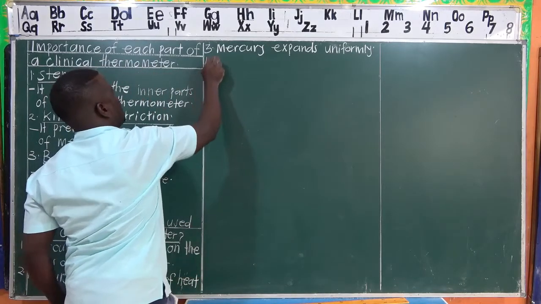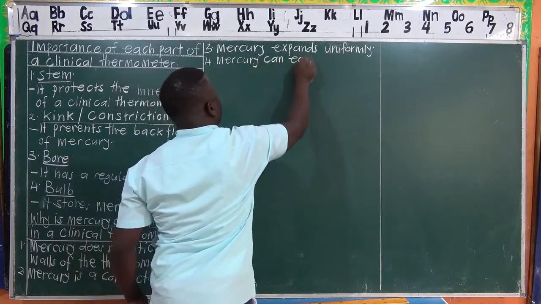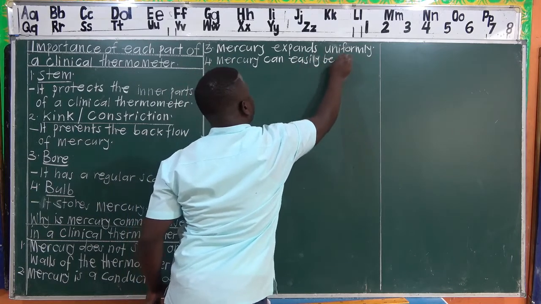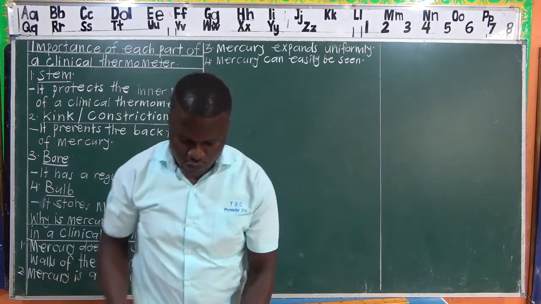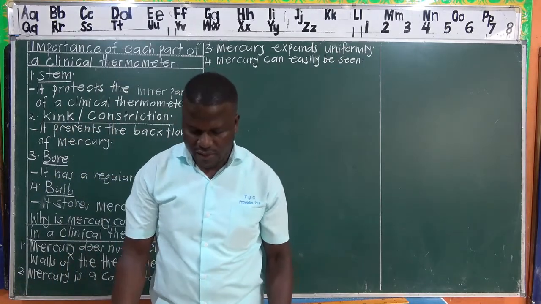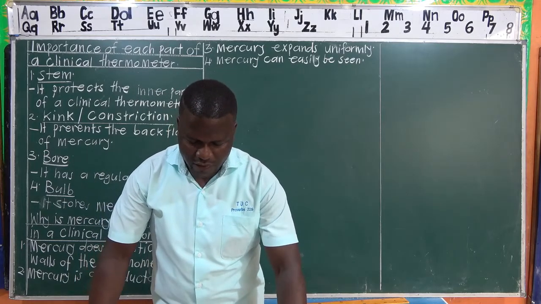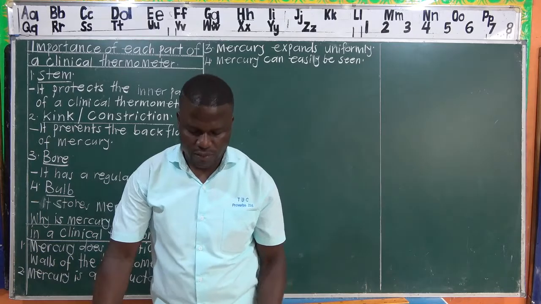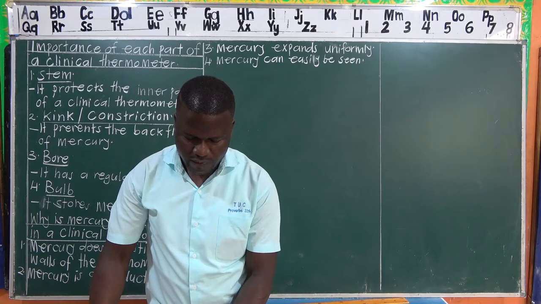Those are the four reasons why mercury is commonly used in a clinical thermometer. Mercury is a good conductor of heat. Mercury does not stick on the walls of the thermometer. Mercury can easily be seen. Mercury expands uniformly.